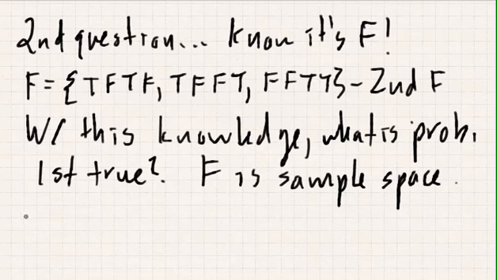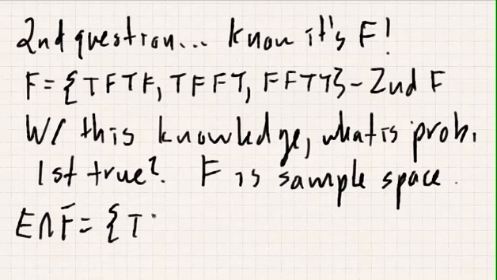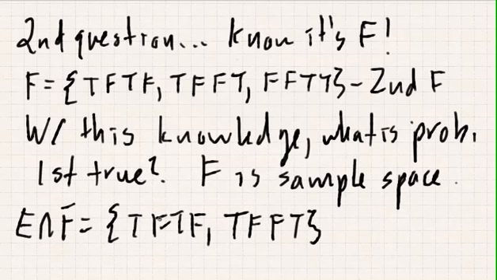So now, assuming that the second one is false, E intersect F is true, false, true, false and true, false, false, true. This is that the first is true and the second is false.